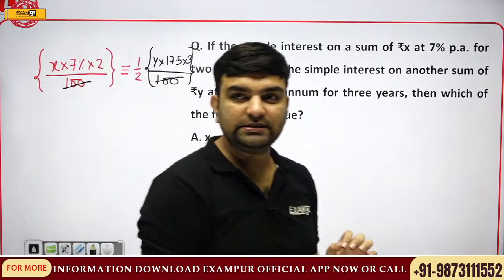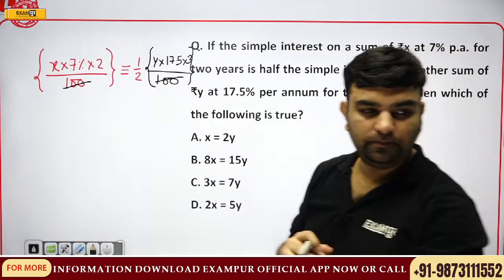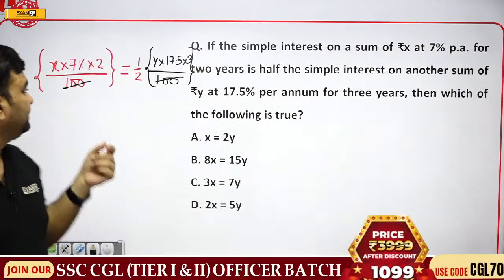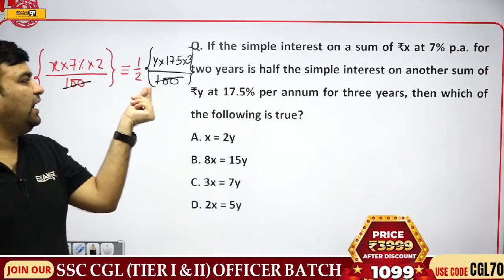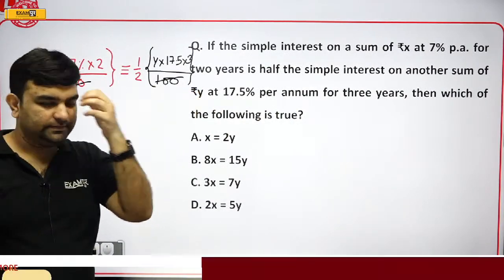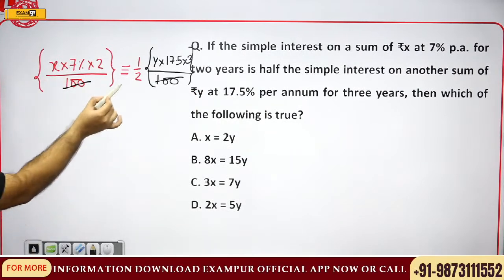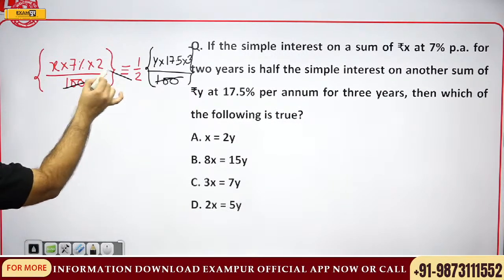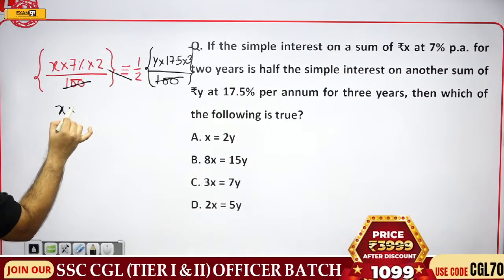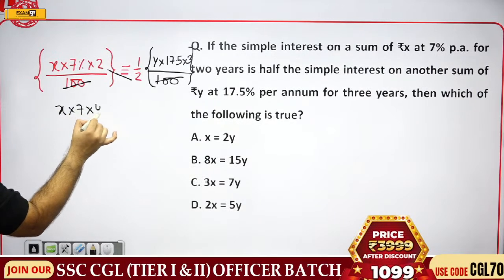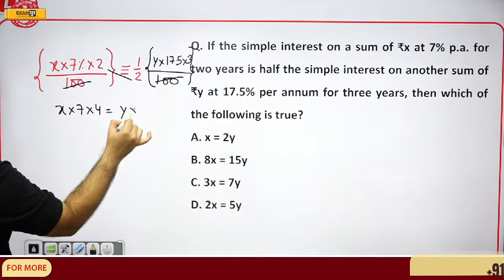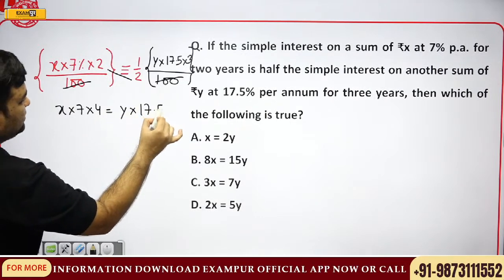Is it proper now? This simple interest is half of this simple interest. So take this 2 over here: X into 7 into 4 is equal to y into 17.5 into 3.